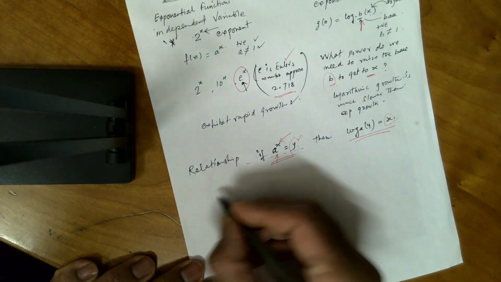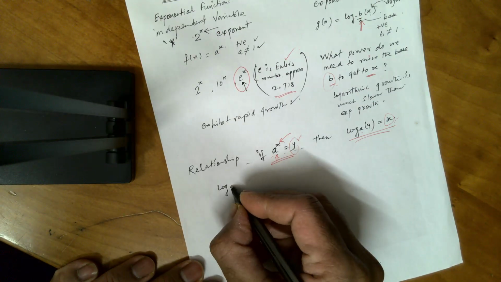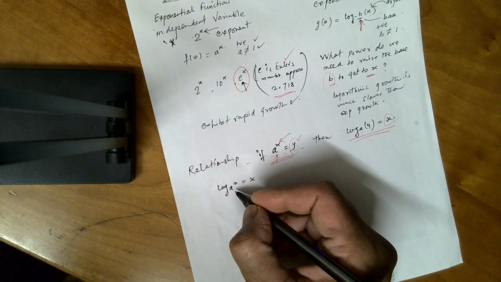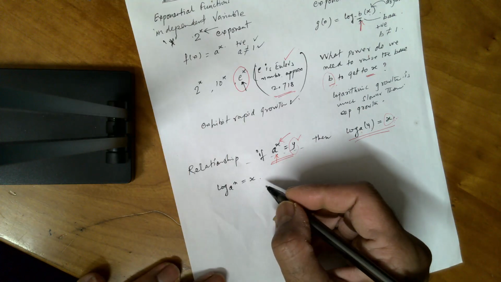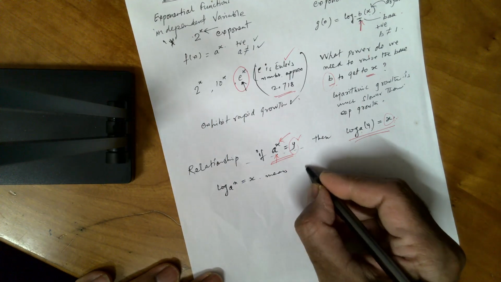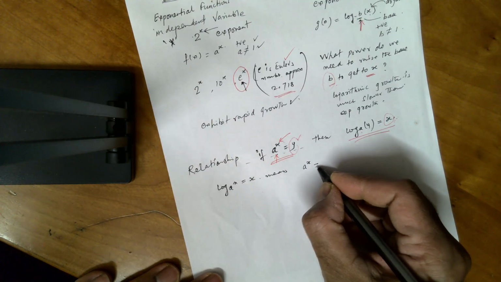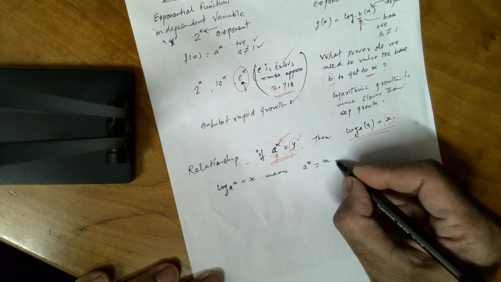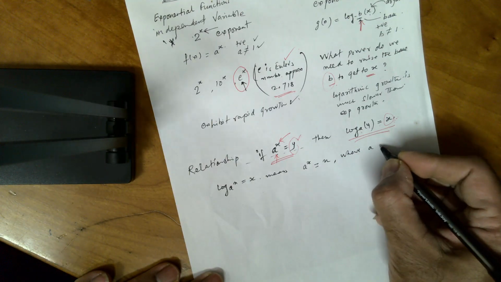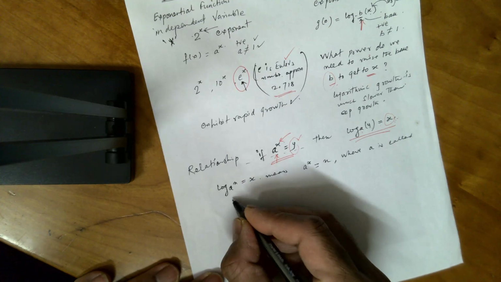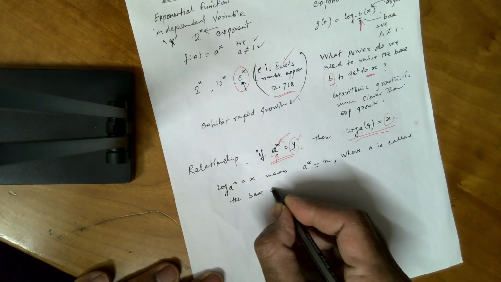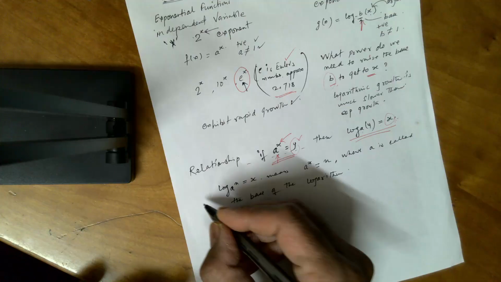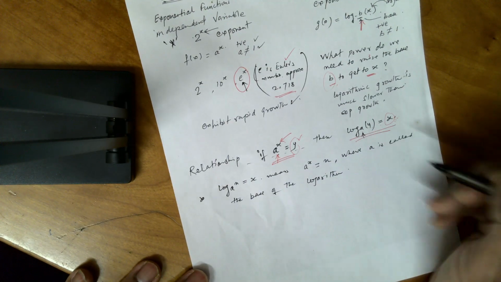If you write log base a of n equals x, that means a to the power x is equal to n, the same thing we discussed here, where a is called the base of the logarithm. So remember that, please.